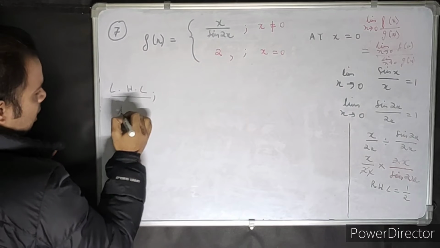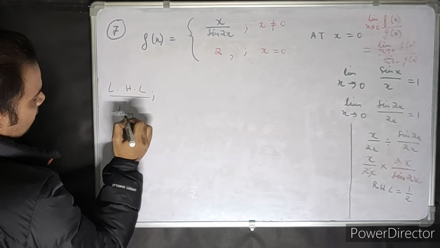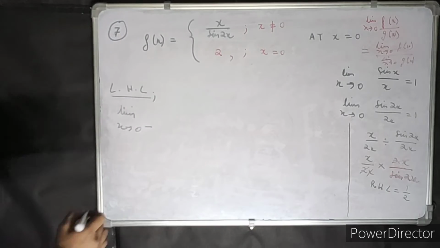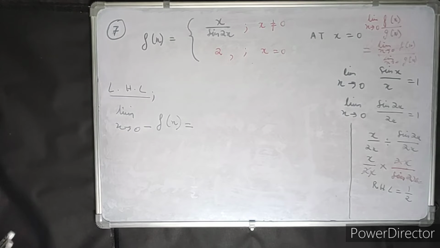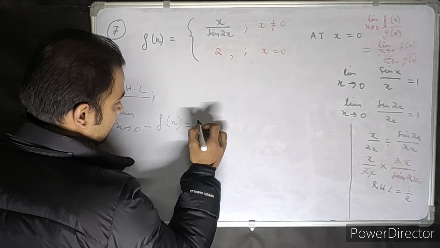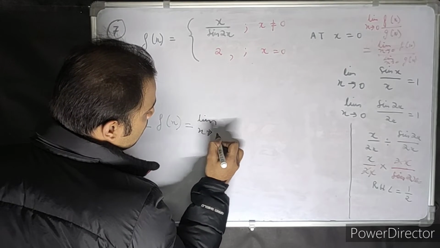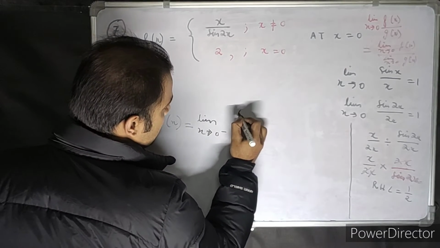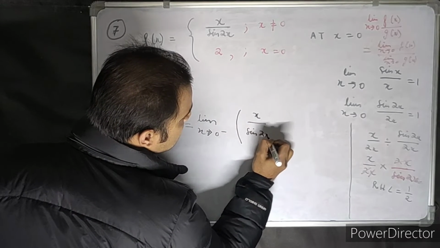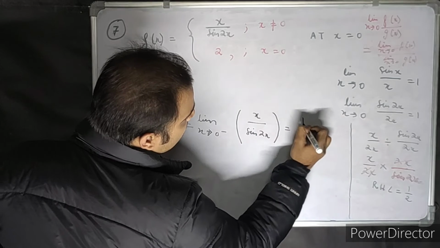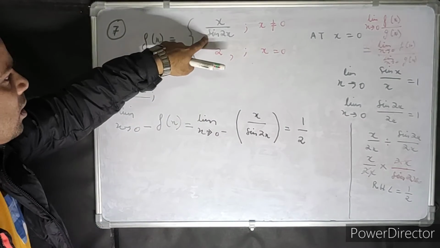Limit x tends to 0 negative, f of x is equal to limit x tends to 0 negative, again you will take the same, x divided by sine 2x, right? So the answer will come 1 by 2. Why x negative? Why will you take this one?